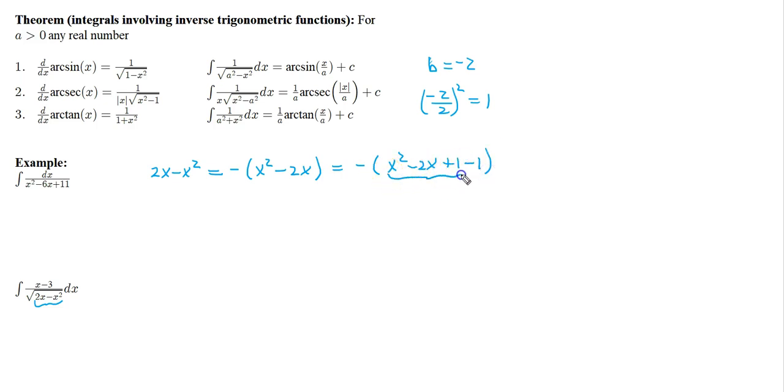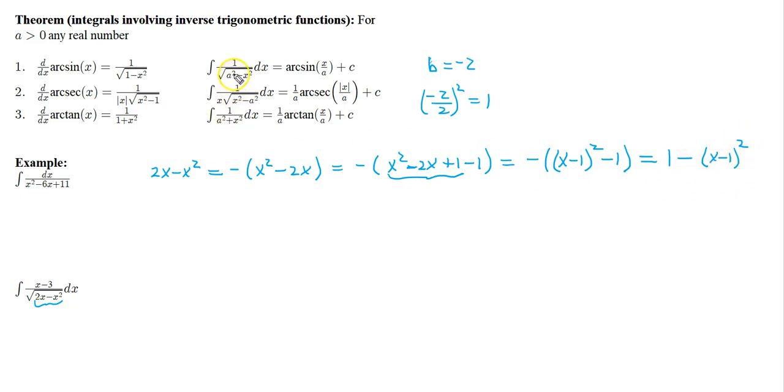Now this piece right here will become x plus b over 2, or you can easily see that that factors as x minus 1 squared. So this is equal to, and then taking the negative 1 back inside, we get, and there you go. So now we have this.